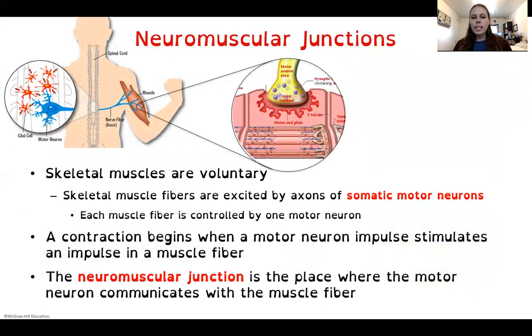Okay, so how does that happen? What is eliciting, what is triggering this contraction? The connection with the nervous system. Remember, in the nervous system, we talked about the somatic motor division, which is important for the motor control of skeletal muscle.